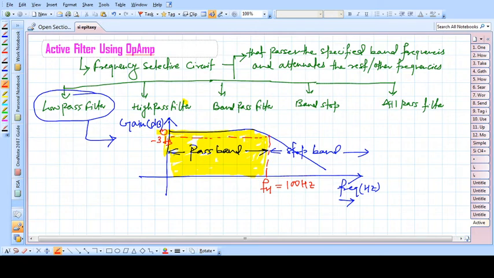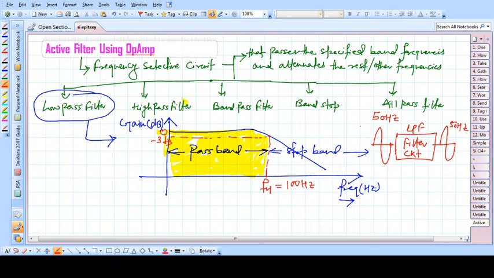Okay, so if we have some electronic filter circuit, this one is your input. If we are giving an input having frequency 50 hertz, it's a low pass filter circuit, so it will pass that 50 hertz.